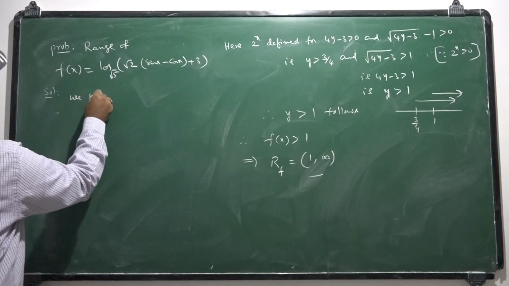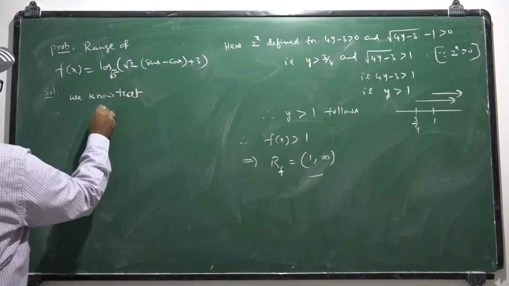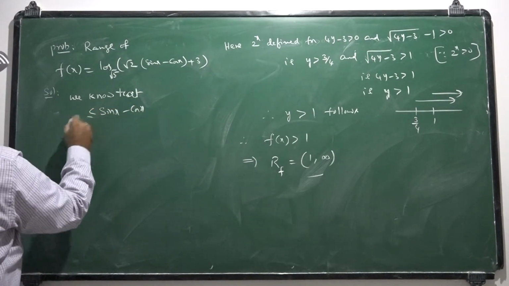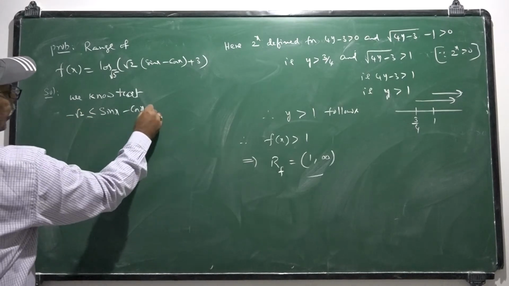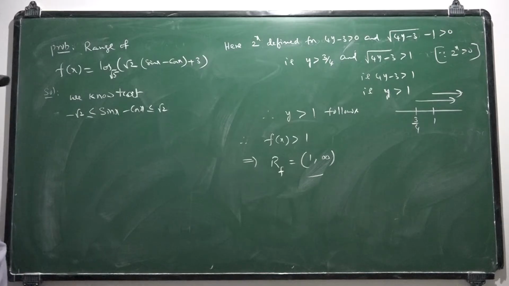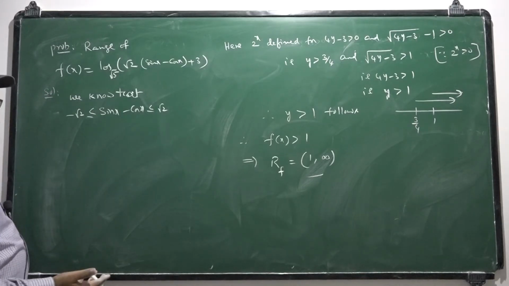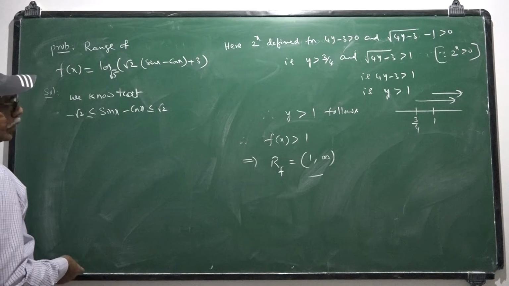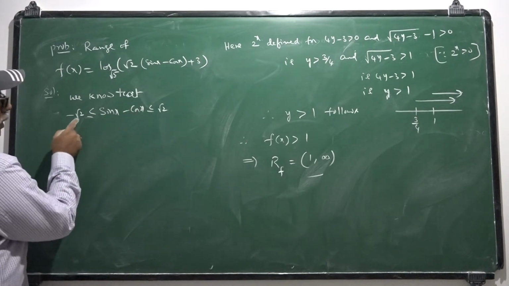We know that sin x minus cos x lies between minus root 2 and plus root 2, as per the rule that a cos theta plus b sin theta plus c lies between c minus root of a square plus b square and c plus root of a square plus b square.